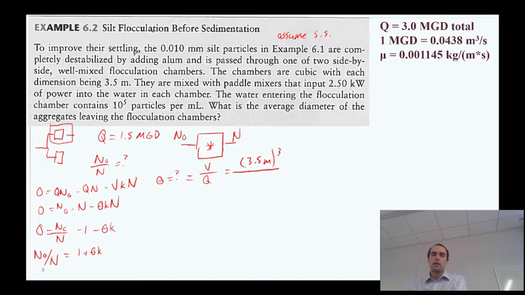And we'll divide that by our Q, which was 1.5 mgd. We have some conversion factor there, so that's going to be 1.5 mgd times 0.0438 cubic meters per second.